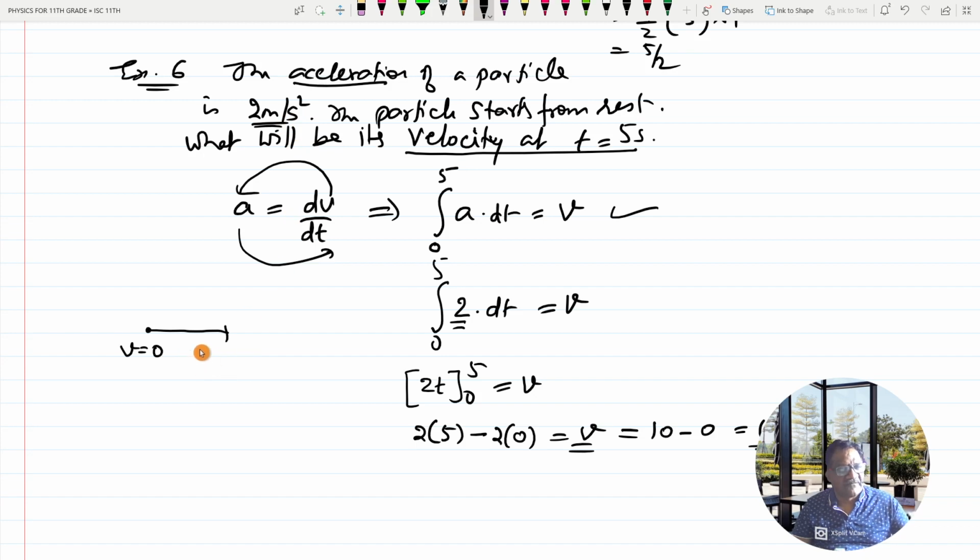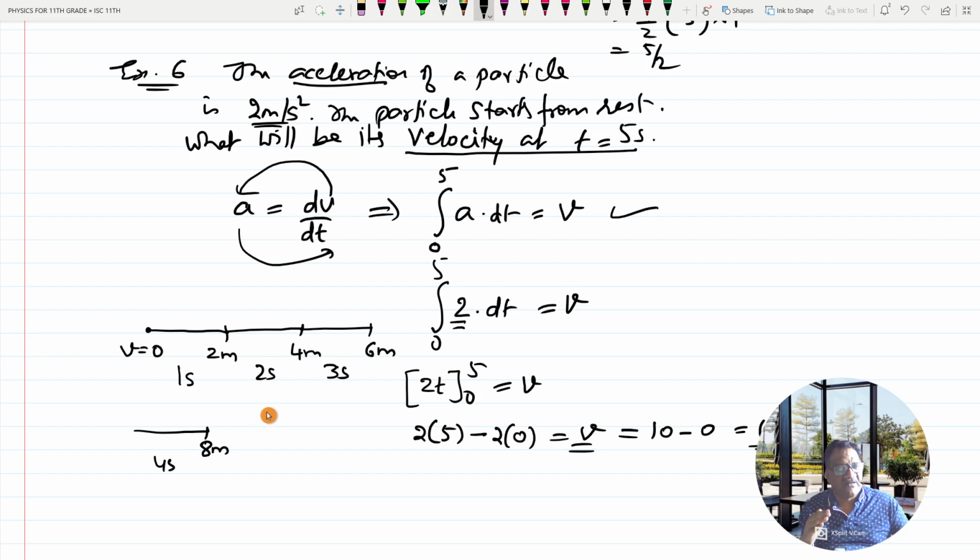The meaning is after 1 second the velocity becomes 2 meter, after 2 seconds it increases from 2 to 4 meter, after 3 seconds it becomes 6 meter, and after 4 seconds the velocity becomes 8, because the acceleration is 2 meter per second square.